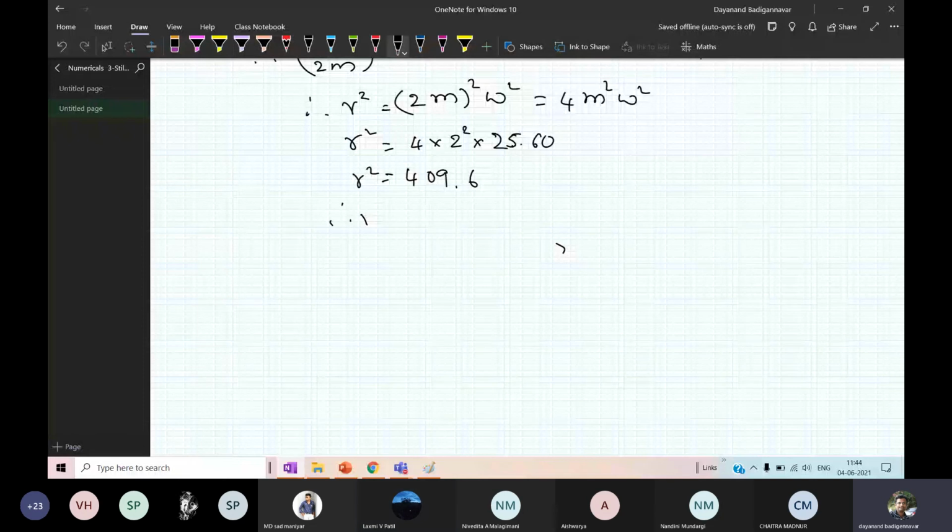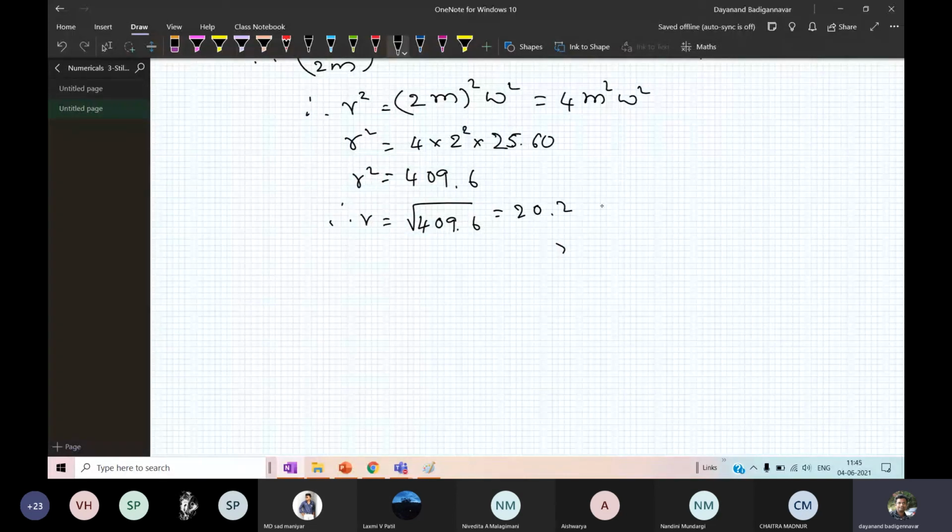Therefore, if you find the value of r, you take the root of 409.6, which is about 20.23 or 20.24, that is also right. Here I have got it as 20.23. This is the value, in kg per second.